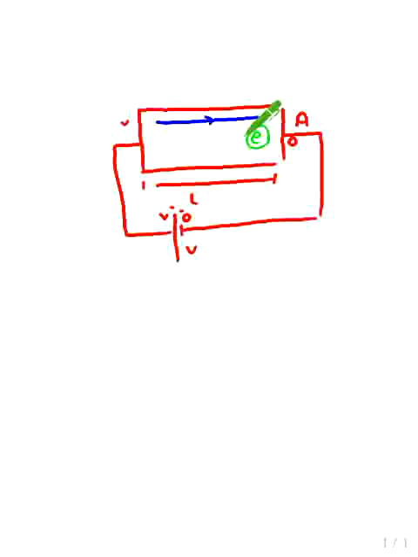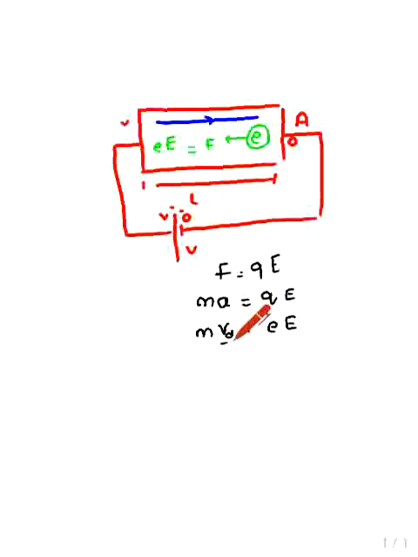This electron will experience a force given by the charge of the electron times E. So force F equals Q into E, where force is mass into acceleration, which is nothing but Q into E. Here Q is the electron's charge, and mass into acceleration can be written as mass into drift speed upon the time.